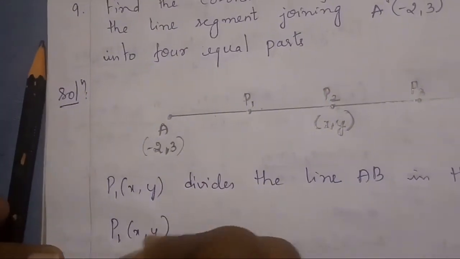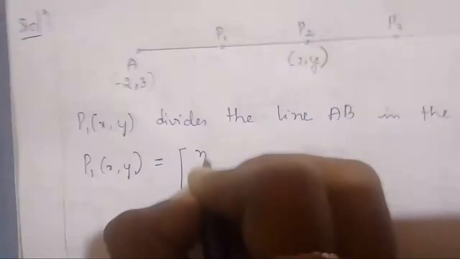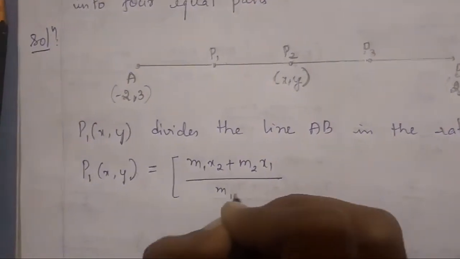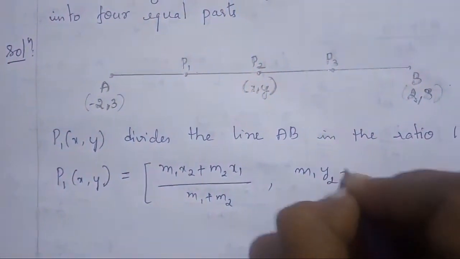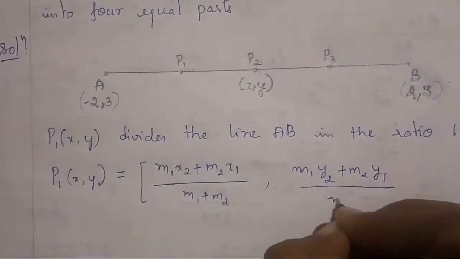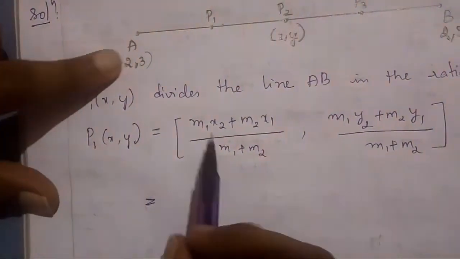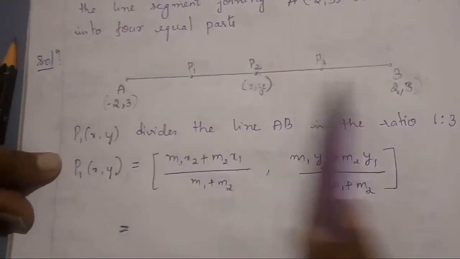Apply for this a section formula, that is (M1 x2 plus M2 x1) divided by (M1 plus M2), (M1 y2 plus M2 y1) divided by (M1 plus M2). That is, here M1 is 1 and M2 is 3. Then we remain with these 2 points itself.